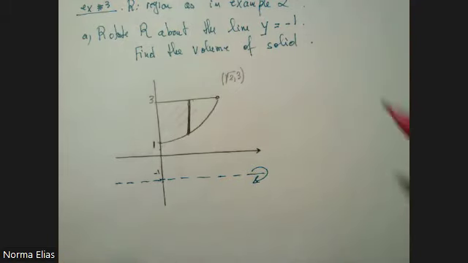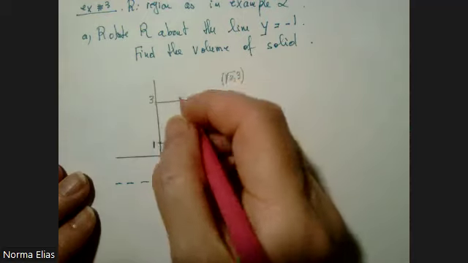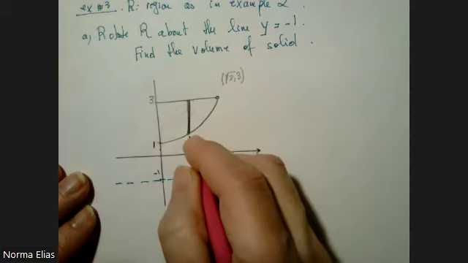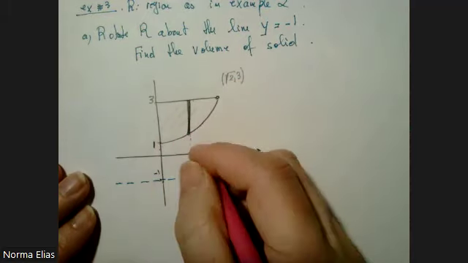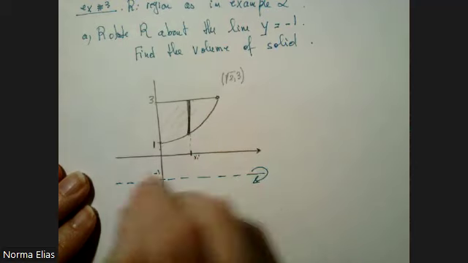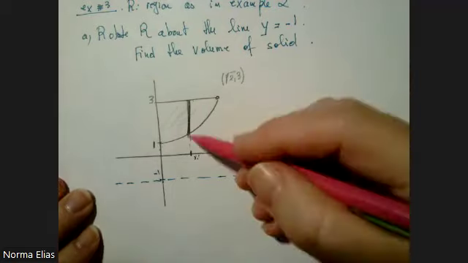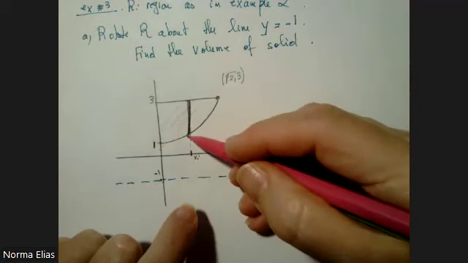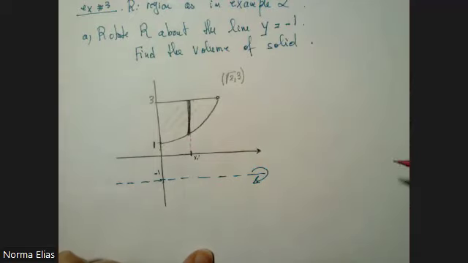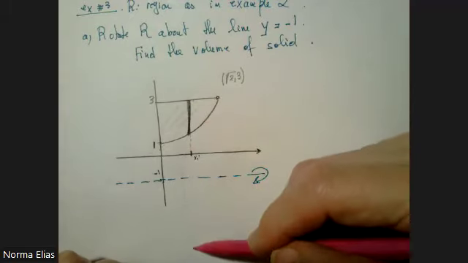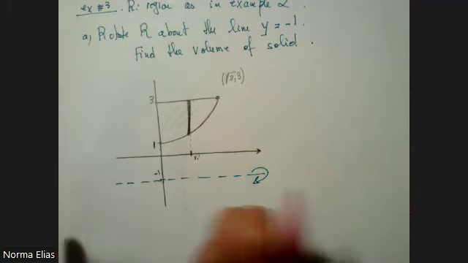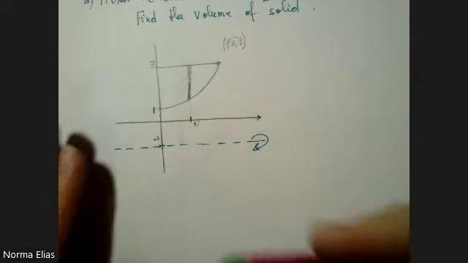So this is my little piece, and this is my xi. And this is my axis of rotation. So when I rotate this, remember, that's the axis of rotation. I'm rotating around that, so the hole is becoming bigger. The radii are actually changing as well.